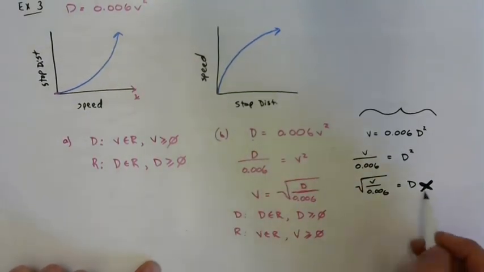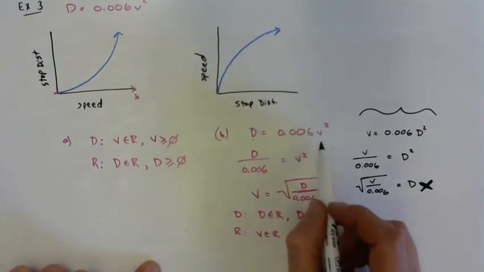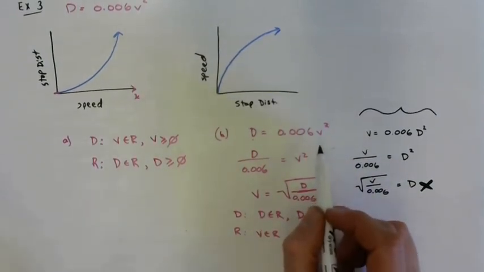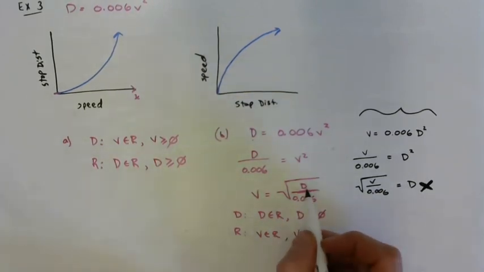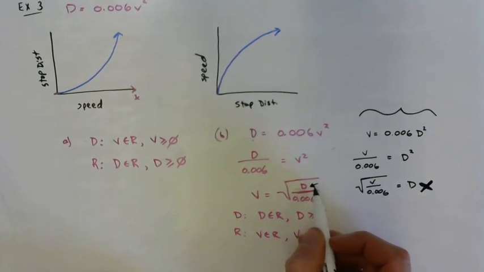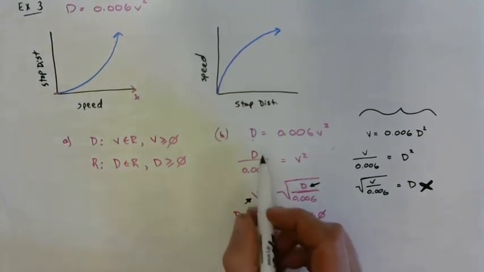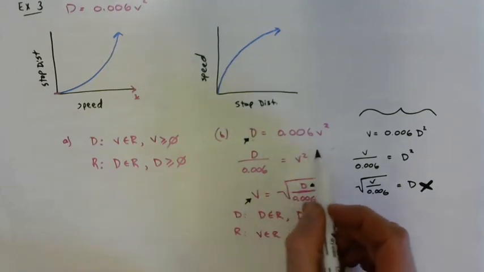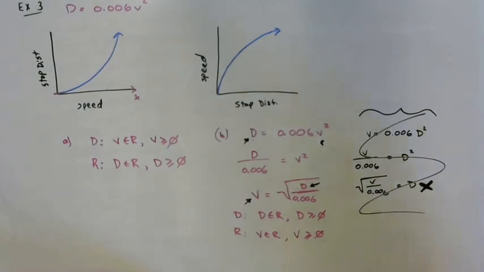That would change the relationship. Instead, you're just going to solve. You change the independent and dependent variables through algebra. So in the end, D is now the independent variable, and V is the dependent variable, whereas at the beginning, D was dependent and V was independent.